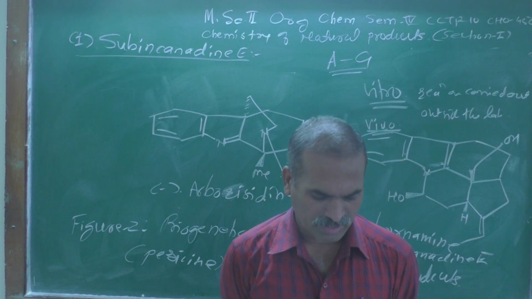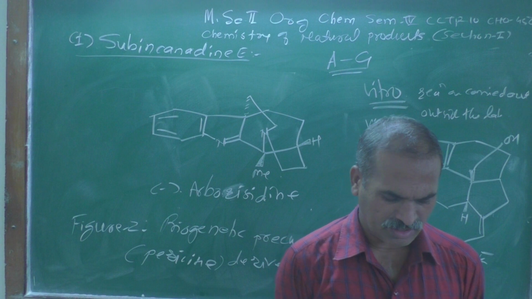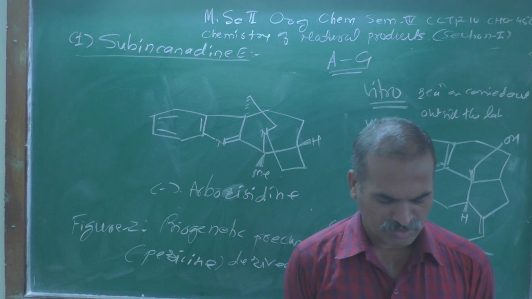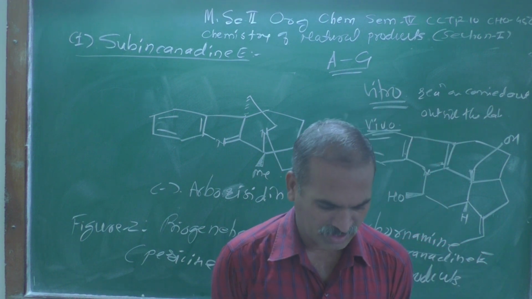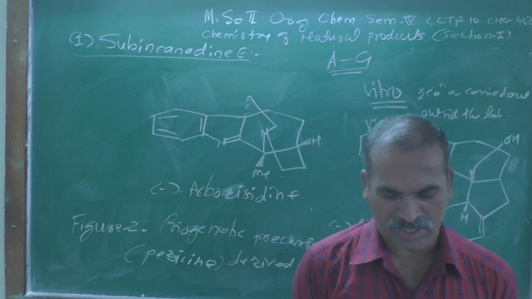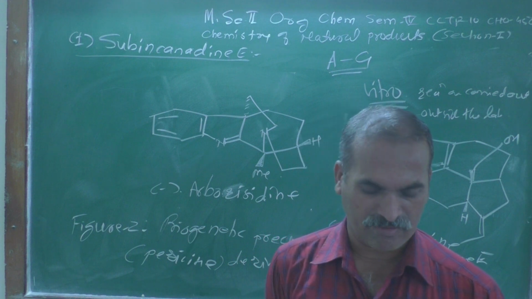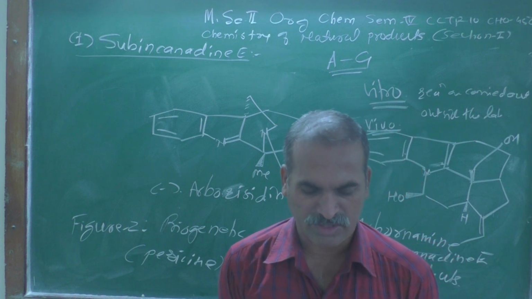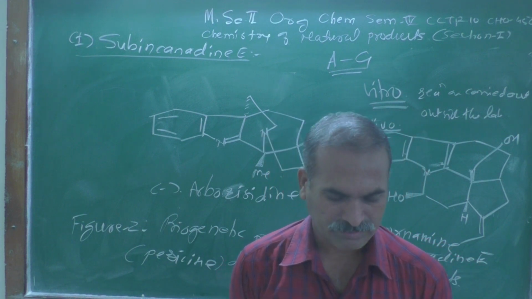Moreover, R and S acetoxysuccinimide may also serve as an approximate starting material for enantioselective synthesis of plus minus Subincanadine E.